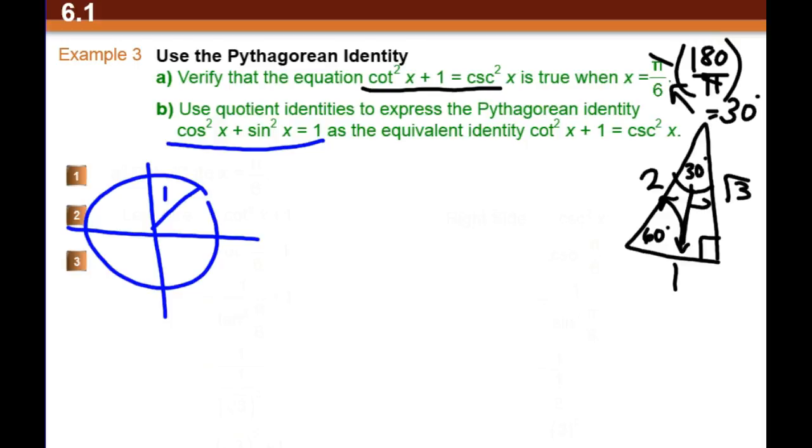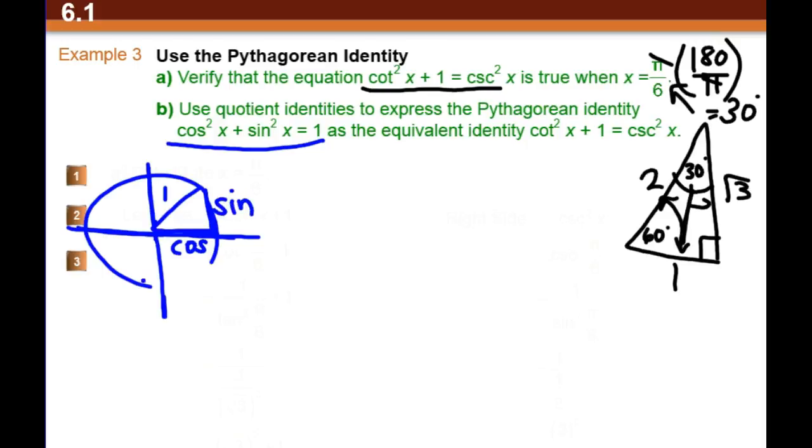This is 1, and this is our sine. This is our cos. Sorry, do I have it backwards? This should be our cos because it's first in the ordered pair, so it's representing the x's, and sine.